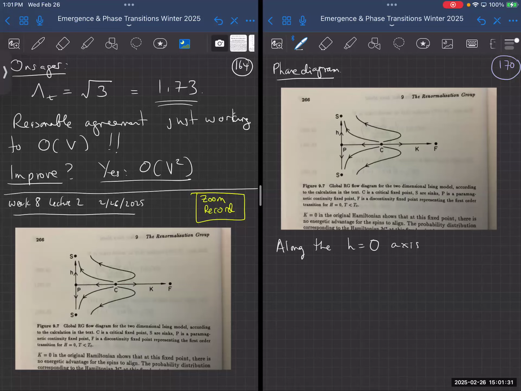So what do I have? I have a critical fixed point, which is the one that we just calculated last time, and we can calculate our estimate for the critical temperature. What we've seen is that it has unstable directions because lambda t is positive. So this critical fixed point is unstable.